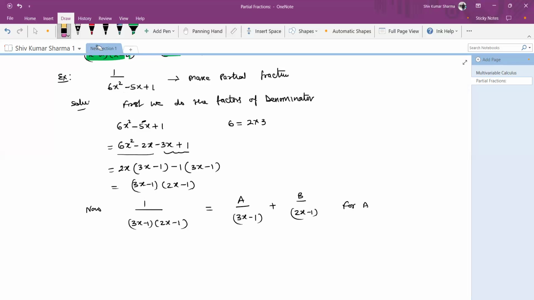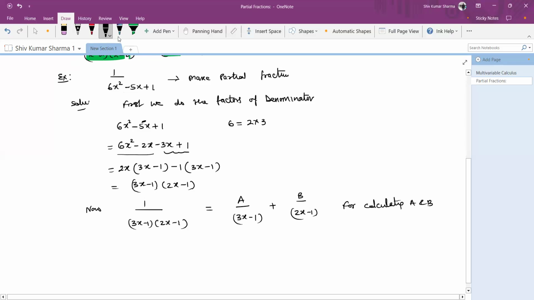When we calculate a and b, we take the LCM.